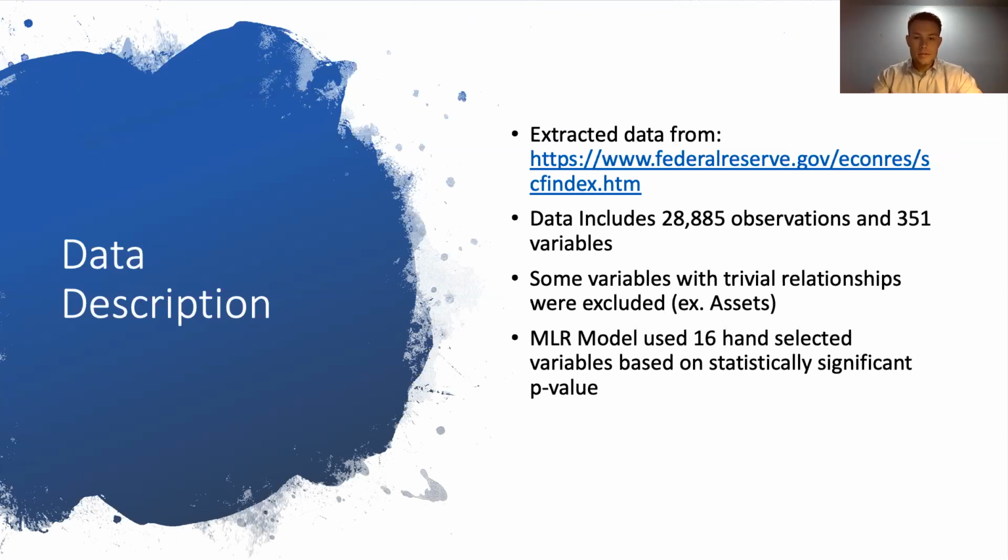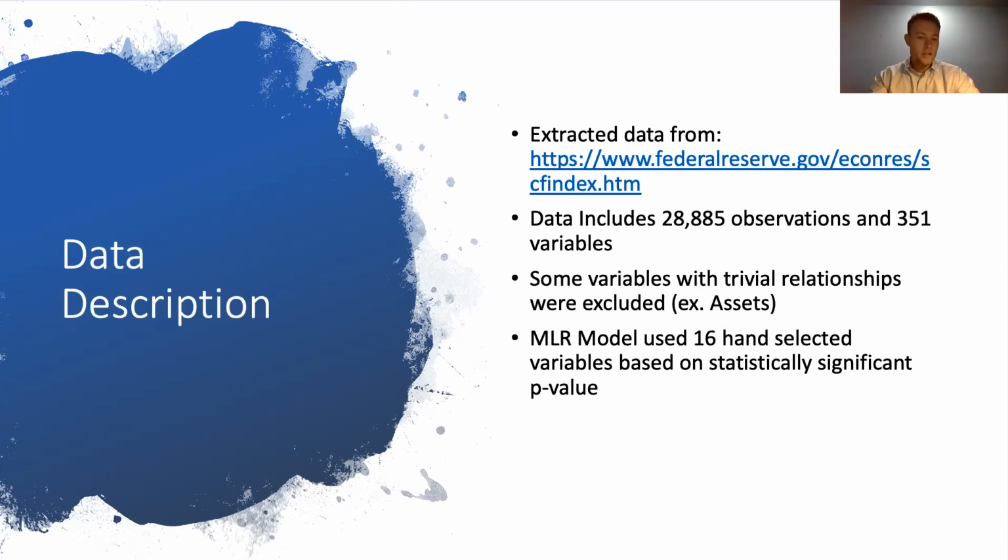So I did a lot of data sorting, and after looking through it and some of Kaz's suggestions, some of the variables included trivial relationships, and those were excluded, such as assets. For example, if you just look at assets, that's easily going to explain someone's net worth, and the same way around. If you just look at their net worth, they're likely to have high assets. So I excluded variables with trivial relationships.